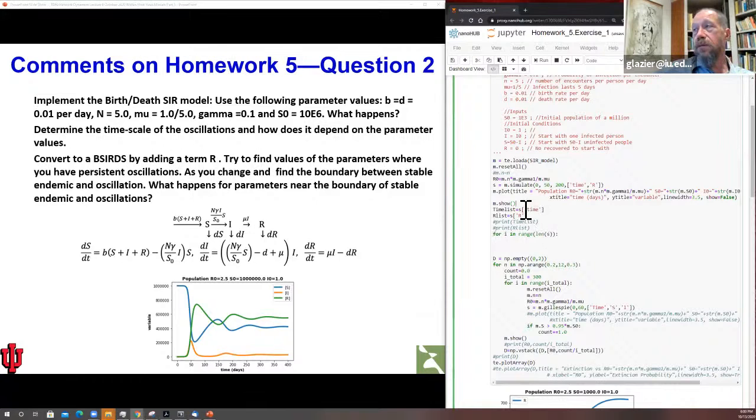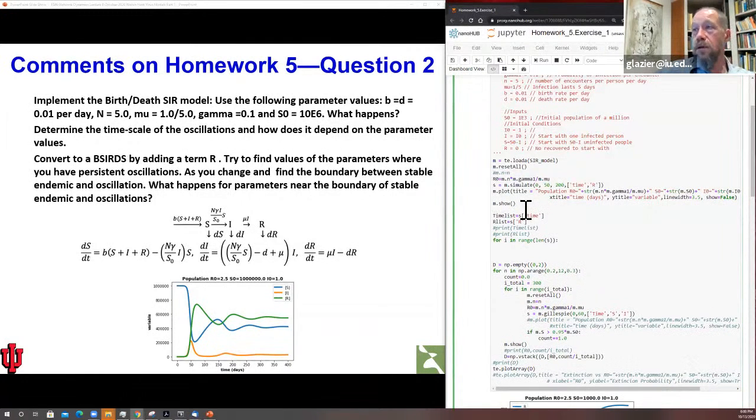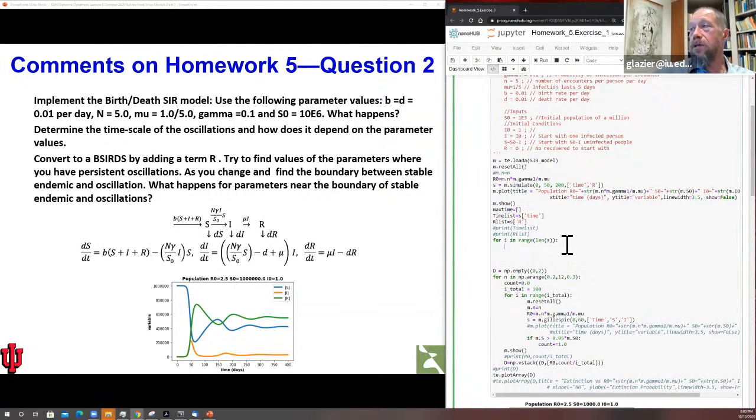And let's create a placeholder for holding that list of local maxima. So let's say something like max time equals, it's Python, so everything is always going to be a list. So we create an empty list. And now we're going to go through our iteration here.